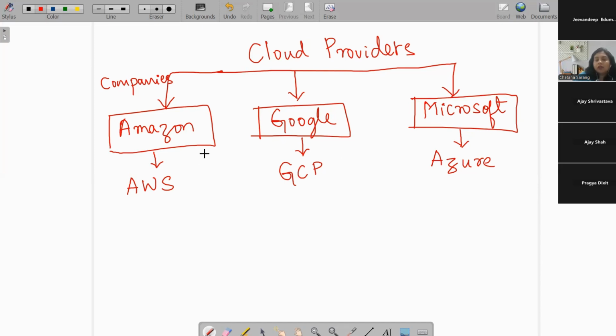Ma'am, even in China, Alibaba is also there, no? China, Alibaba is an e-commerce company. Alibaba Cloud. Yeah. They do have cloud services. Yeah, but these are the top players.